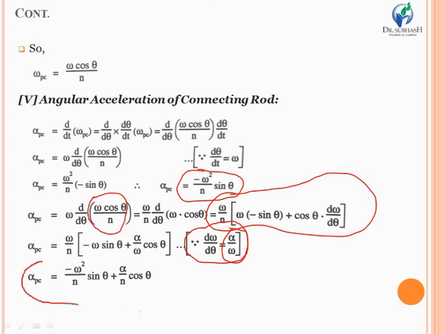So ultimately, acceleration of connecting rod alpha pc is equal to minus omega square upon n into sin theta plus alpha upon n into cos theta.